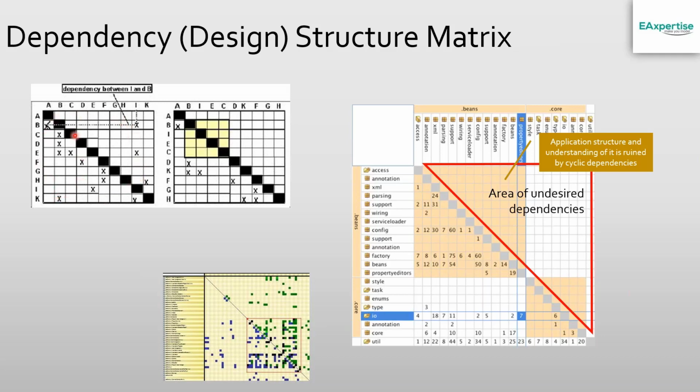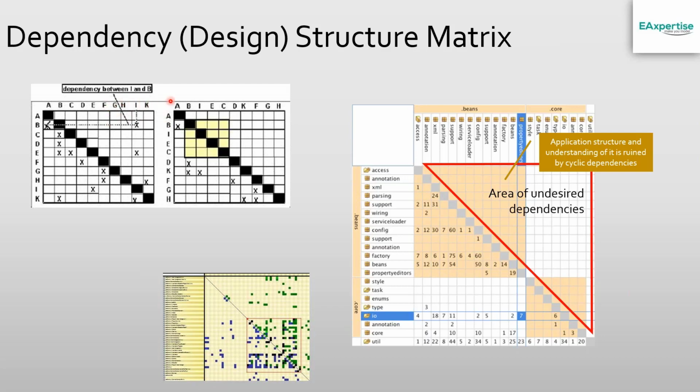What you see in this DSM is that there are connections from top to bottom, but also from bottom to top. These are circular dependencies, and it is proven that circular dependencies make understanding a system more difficult. A software system that has a lot of dependencies above the diagonal is very hard to understand and maintain.